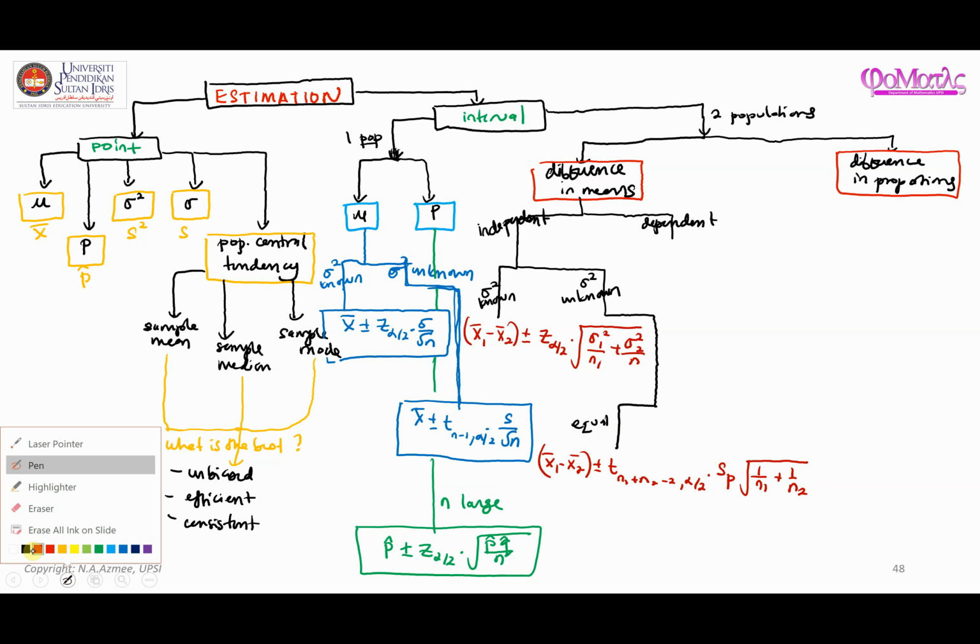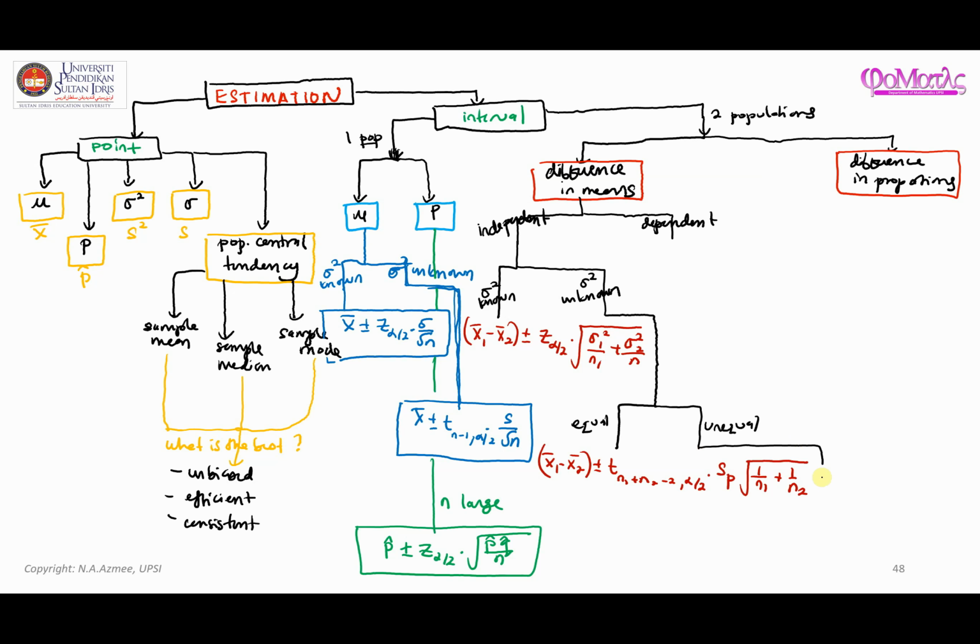Now there is another case where it can be unequal. So if it is unequal, then the formula for this one is going to be, bear with me, x bar 1 minus x bar 2 plus minus t.